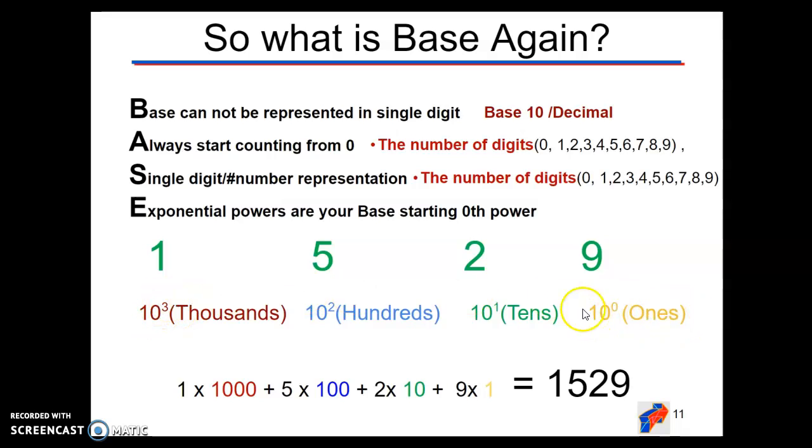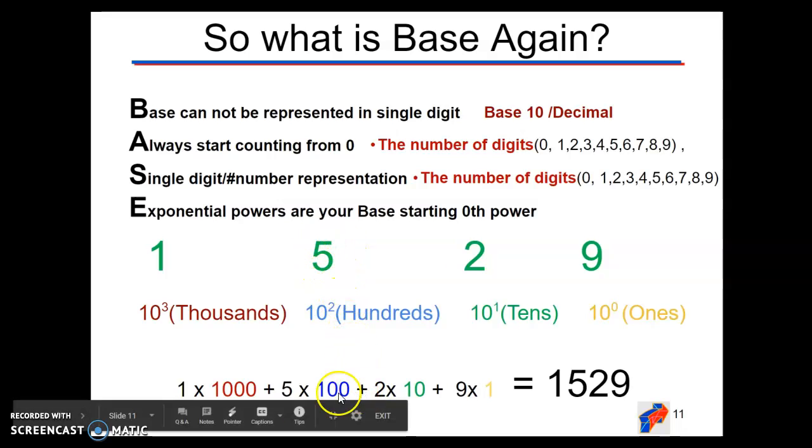So ones, tens, hundreds, and then what you do is you multiply the number, like a coefficient, with the base power and add. So you multiply each number with the base power and you find the number.